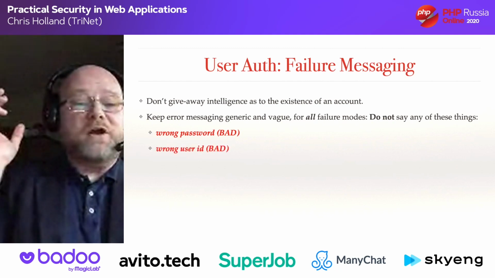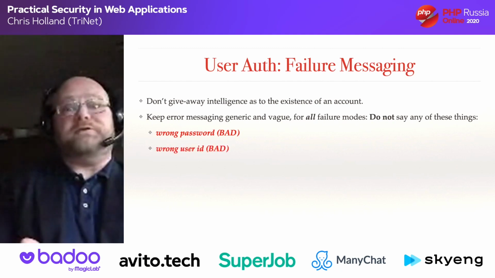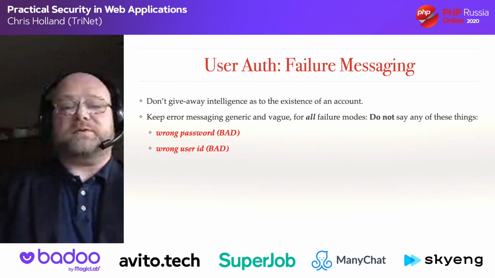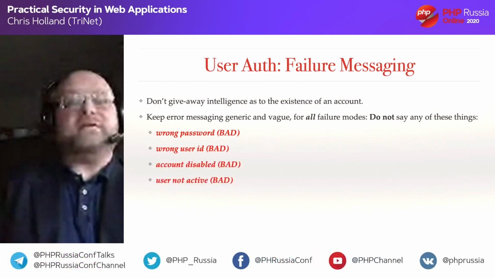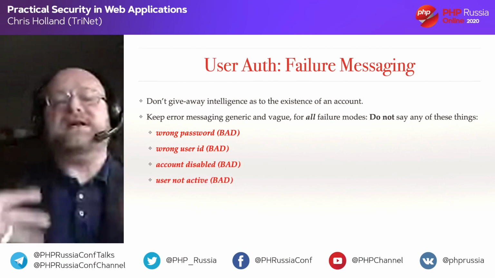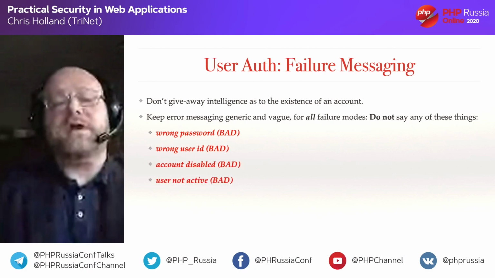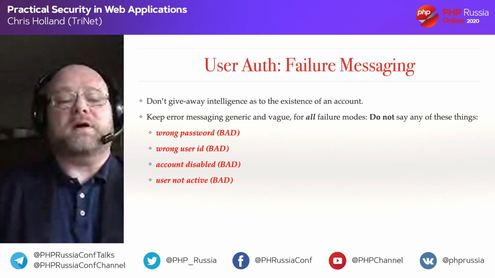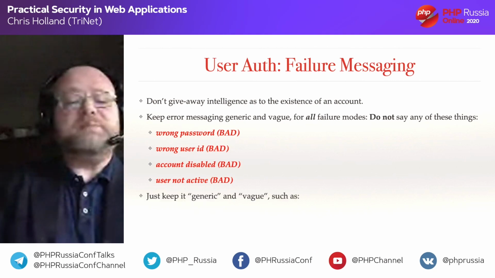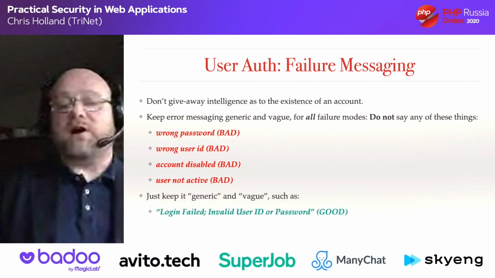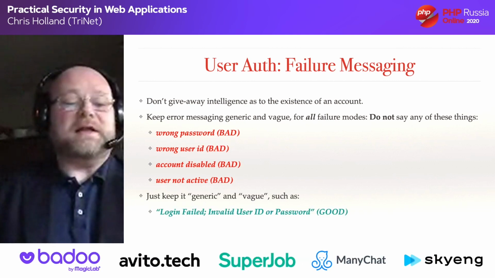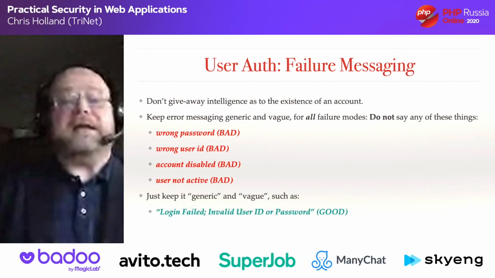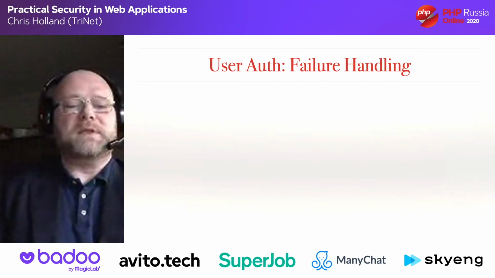You don't want to say wrong user ID, because now you're saying, hey, this user does not exist. Again, giving them too much information. Account disabled, that's also bad. User not active, right? These are all pieces of intelligence that you are giving hackers as to what your system has. So just keep it vague, such as login failed, invalid user ID or password. That's one way to say it. As long as it's vague, it's good.